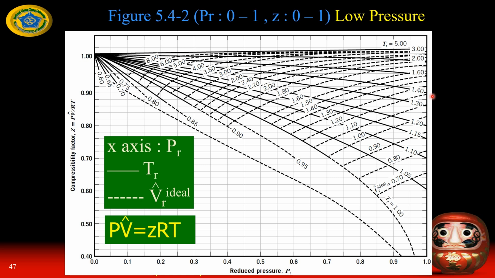Could you please tell me what's the answer of Z? VR ideal is 1.4 and TR is 1.4. So what's the answer of Z?